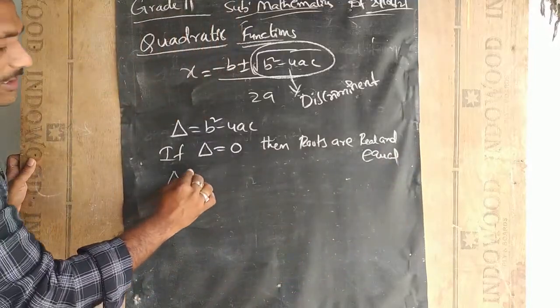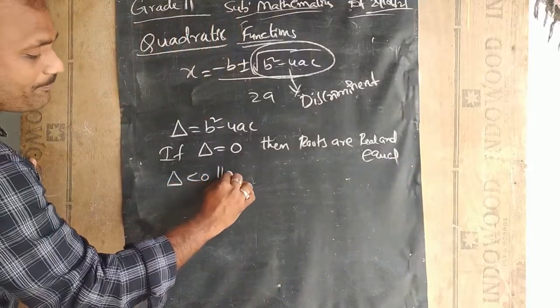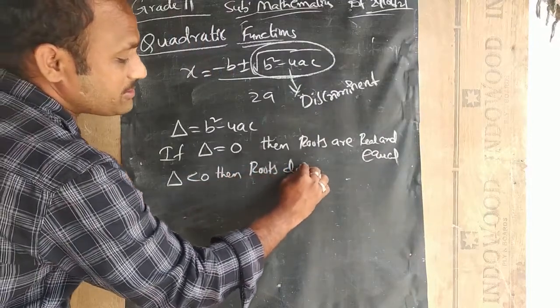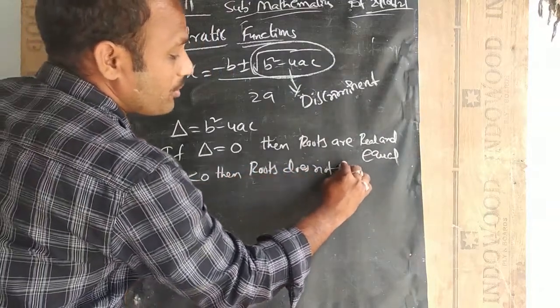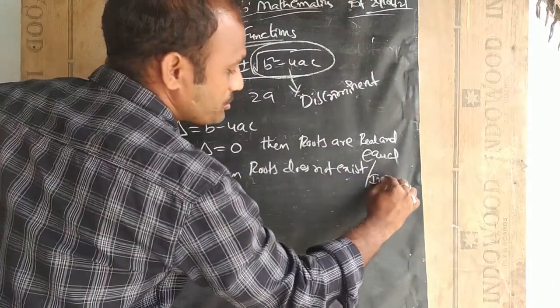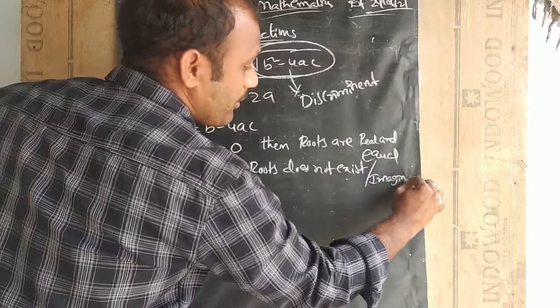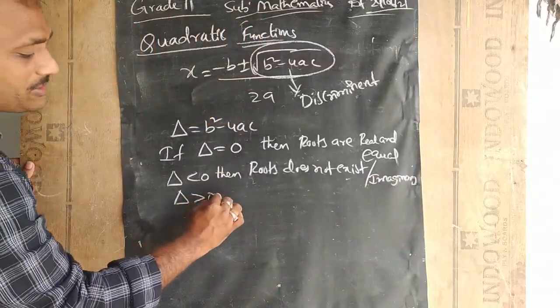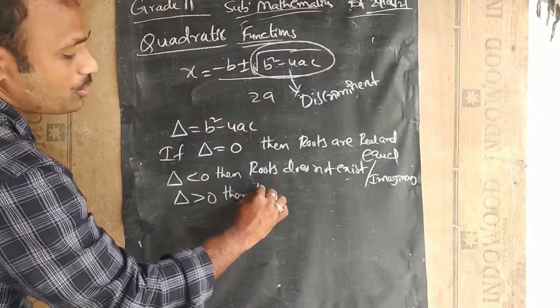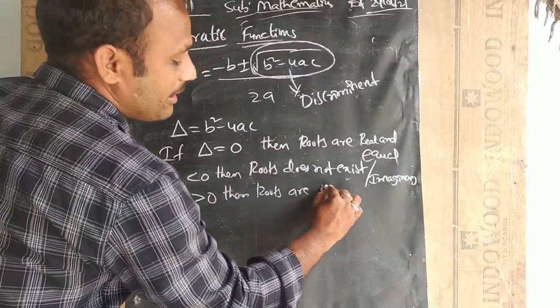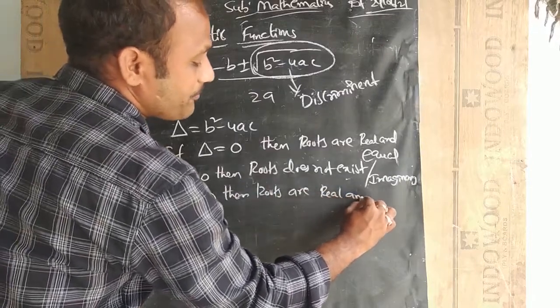If delta is less than 0, roots do not exist, or we can say imaginary roots. If delta is greater than 0, then roots are real and distinct.